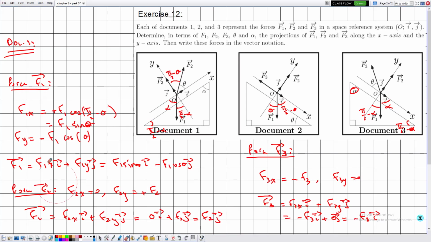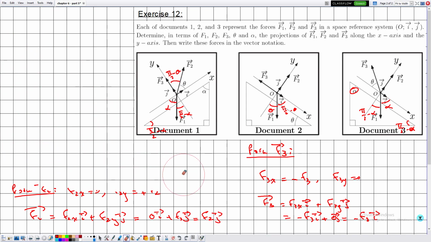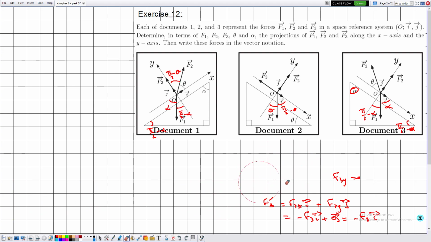Let me make some space. So we are in document number 3.